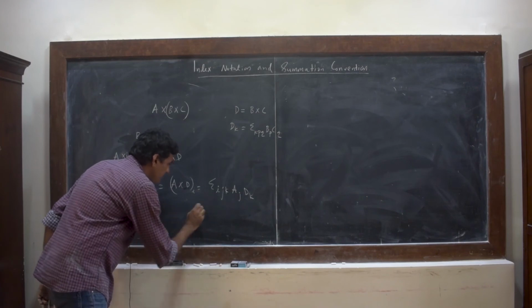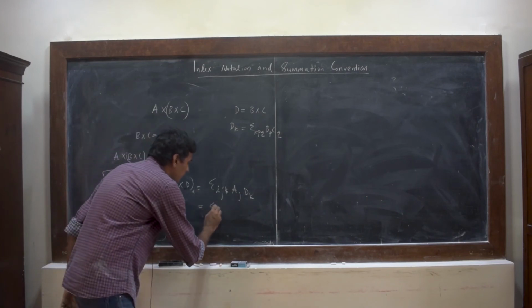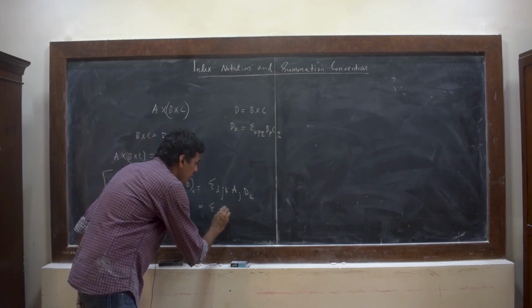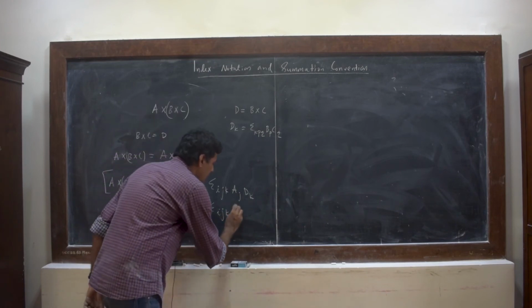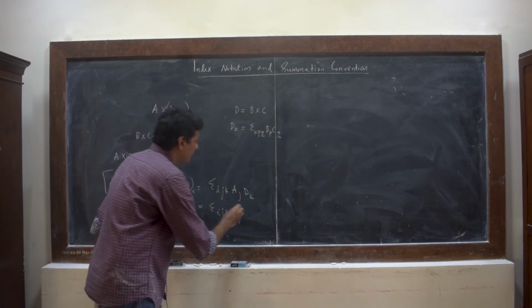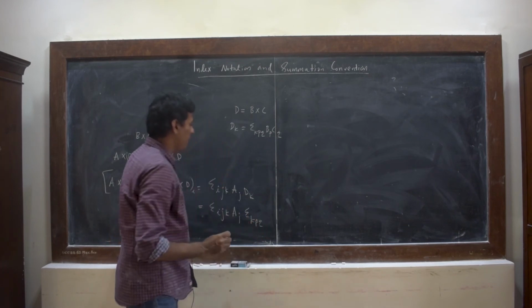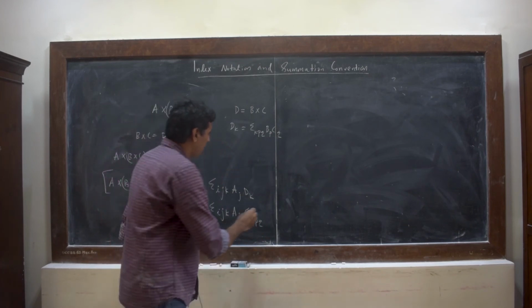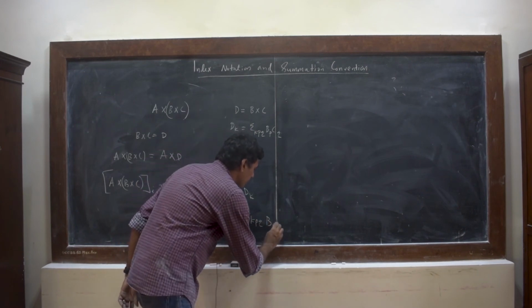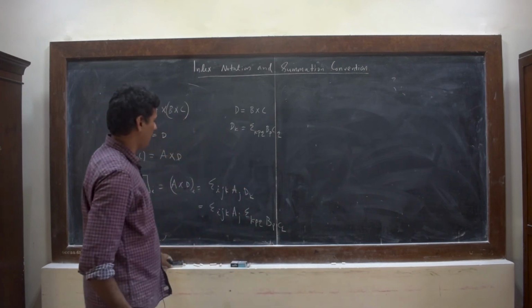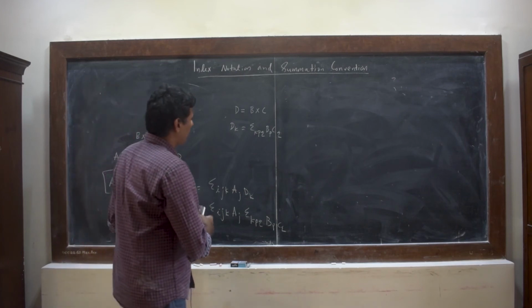So what I get is epsilon ijk Aj, and then epsilon kpq Bp Cq, all right.